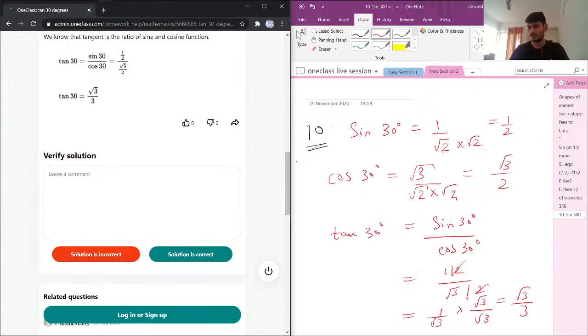Okay, the solution is correct for this case also. So correct solution. Great job. Solution is correct.